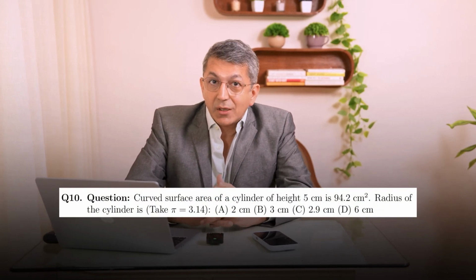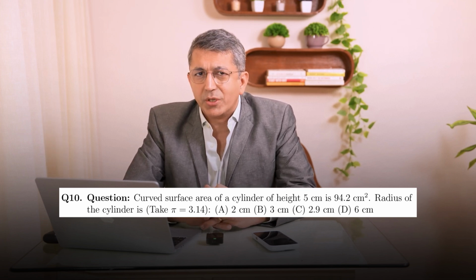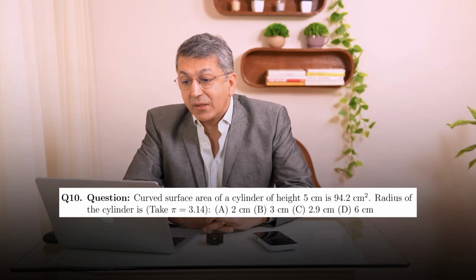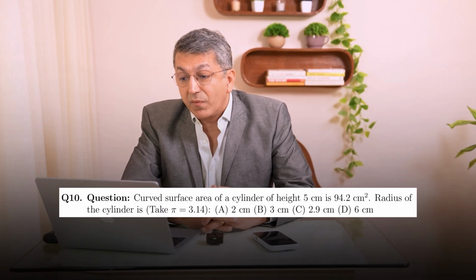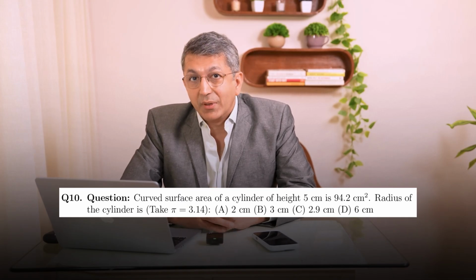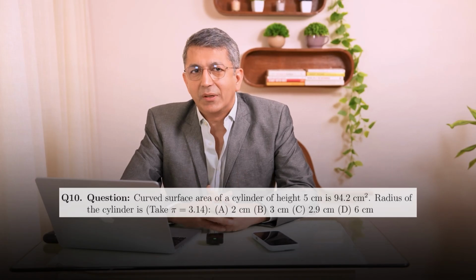Question 10. The curved surface area of a cylinder of height 5 centimeters is 94.2 centimeters squared. The radius of the cylinder is (take pi equal to 3.14) A. 2 centimeters, B. 3 centimeters, C. 2.9 centimeters, D. 6 centimeters. Concept: mensuration of cylinders.